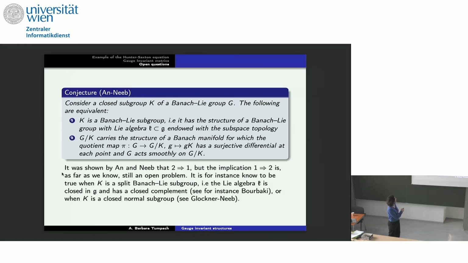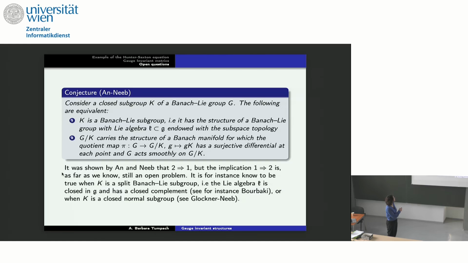Two: the conjecture says that this is equivalent to the fact that the quotient G mod K carries a structure of Banach manifold, for which the quotient map is such that the differential of this quotient map is surjective, and G acts smoothly on the quotient. So you have a kind of fiber bundle here. It doesn't say if the fiber bundle is locally trivial, but anyway.